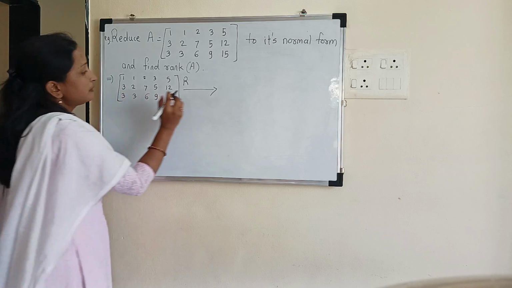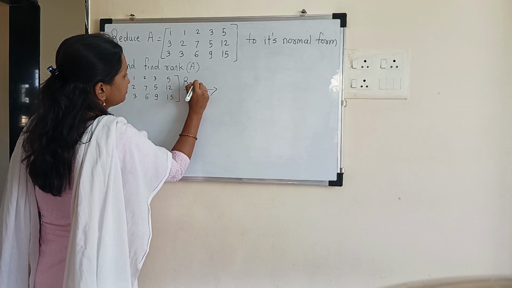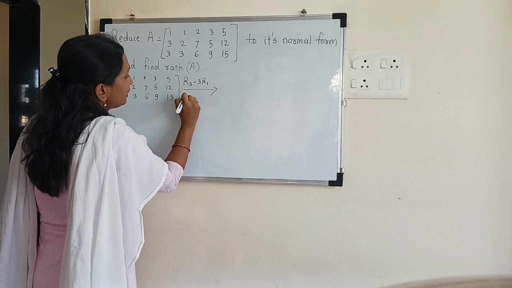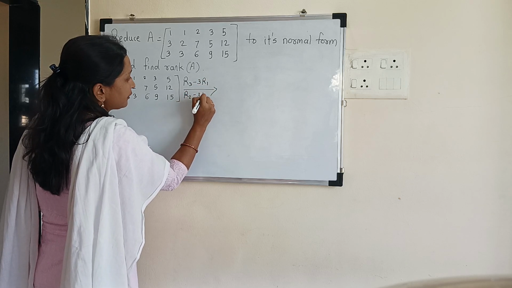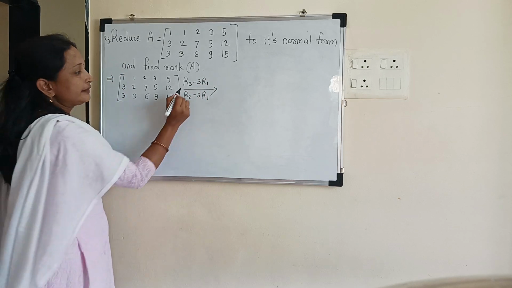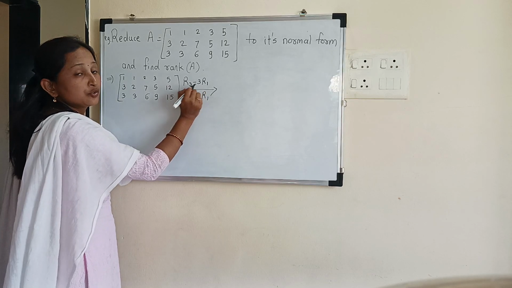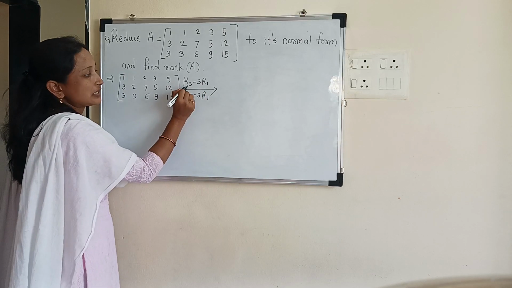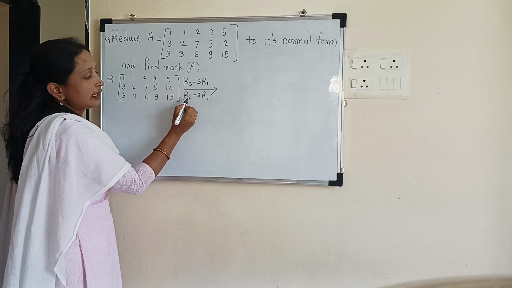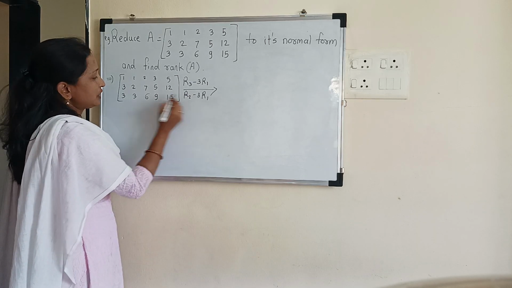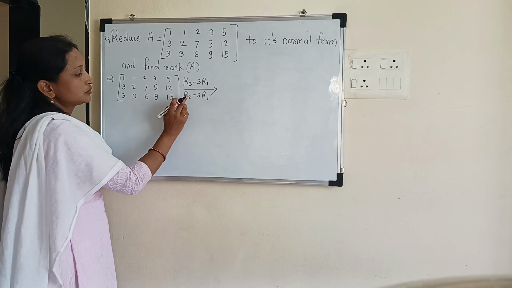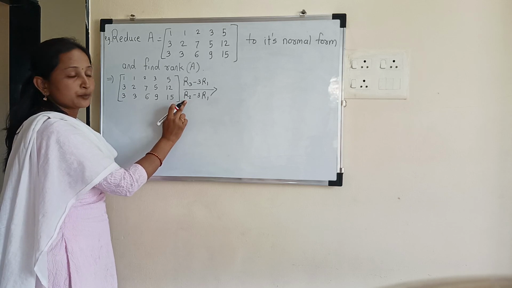So we will use R3 minus 3R1 and R2 minus 3R1. Now you will write the change in R3, because R3 is at first position. Similarly, you will write the change in R2.